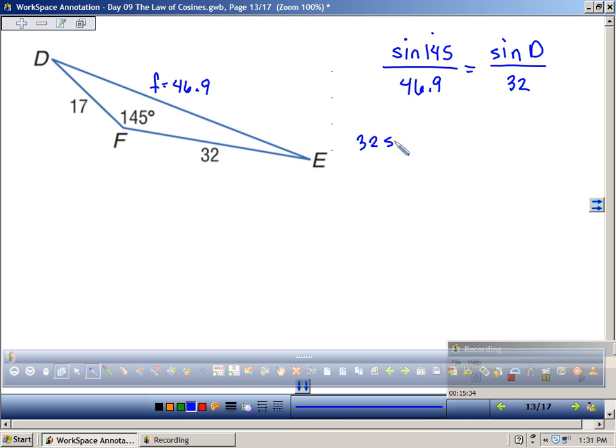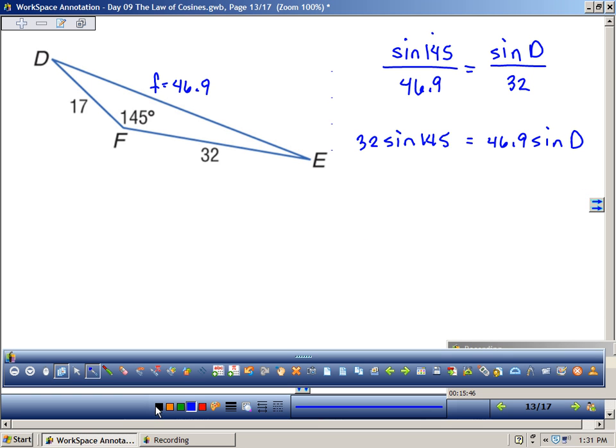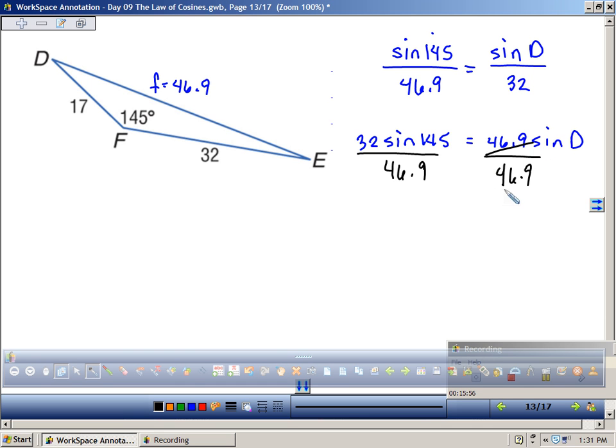Cross multiply: 32 times the sine of 145 equals 46.9 times the sine of D. I'm looking for an angle, therefore at the very end I'm going to end up with inverse sine. Divide by 46.9, divide by 46.9. Those cancel.